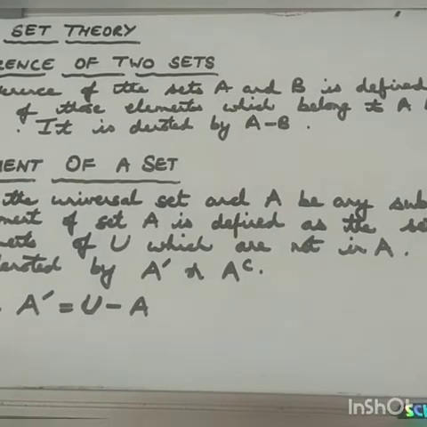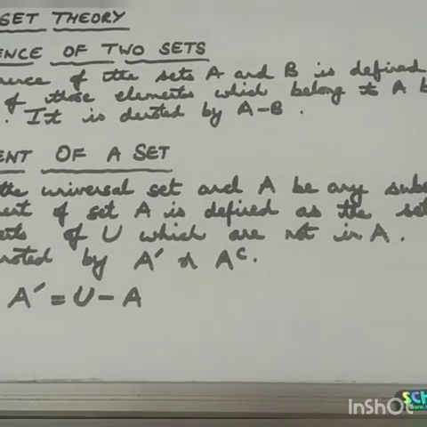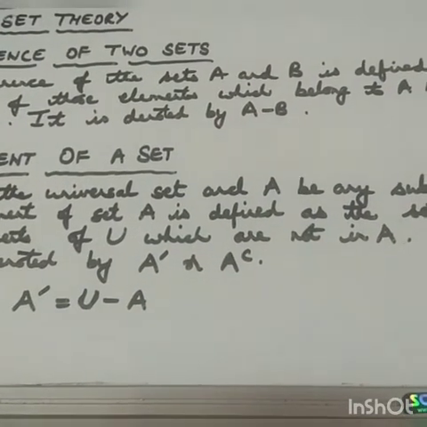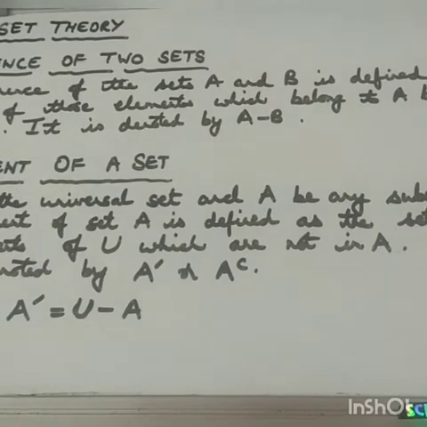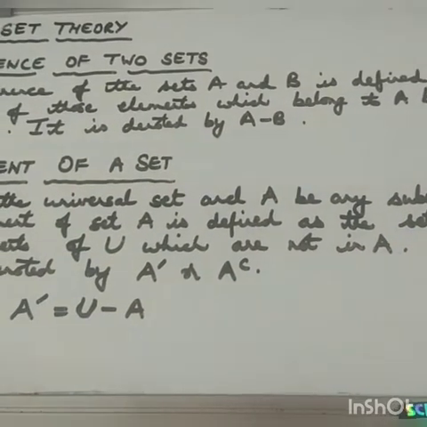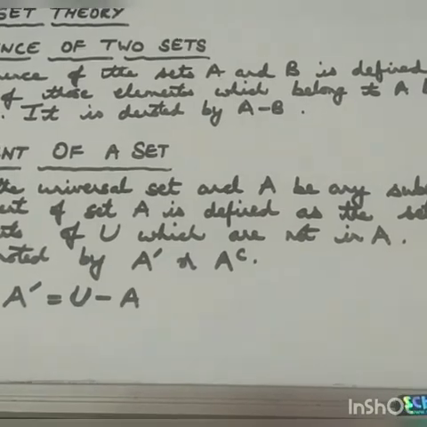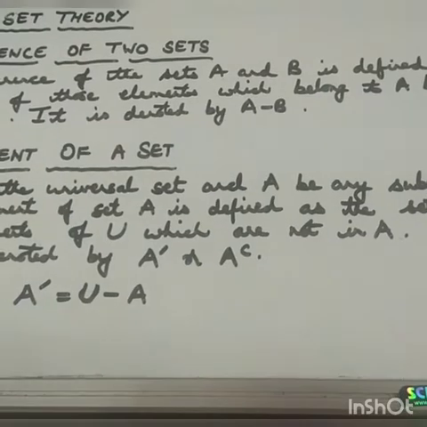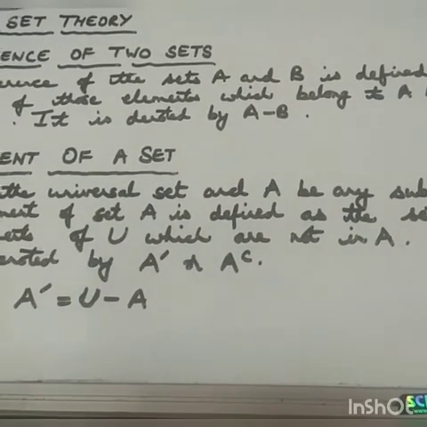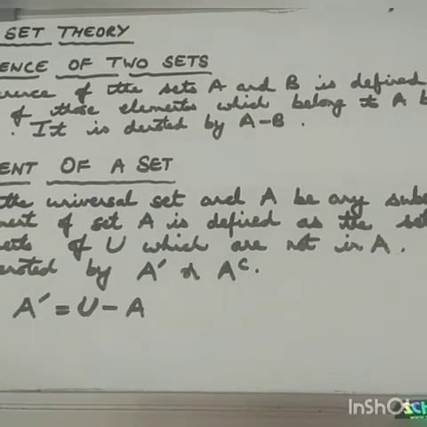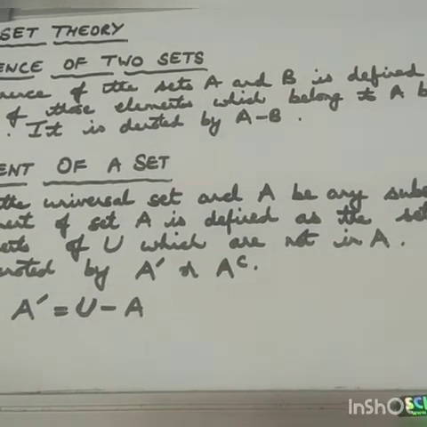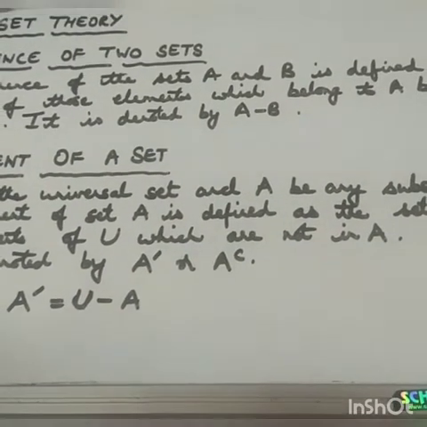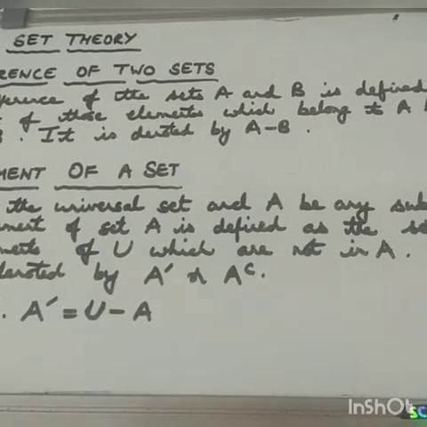So if U is the universal set and A is any subset of U, then complement of set A is defined as the set of those elements of U which are not in A but in U. It is denoted by A complement, that is A dash, or in some books you will find A with a small c over it. So A dash is equal to U minus A. Remove all the elements of A from the universal set, then you will get A complement. I hope this much is clear to all of you.